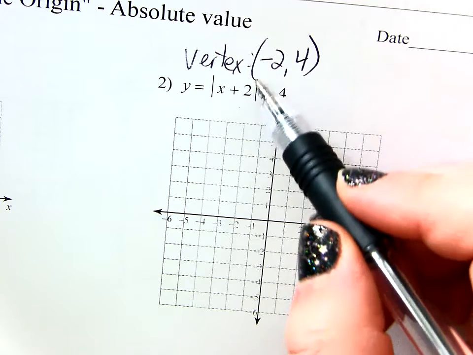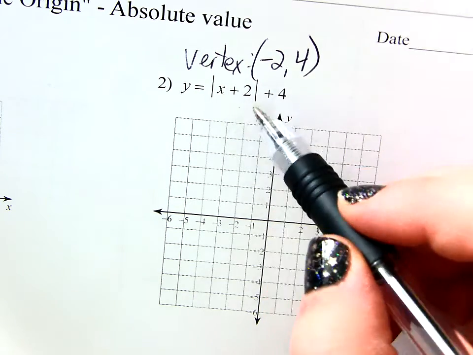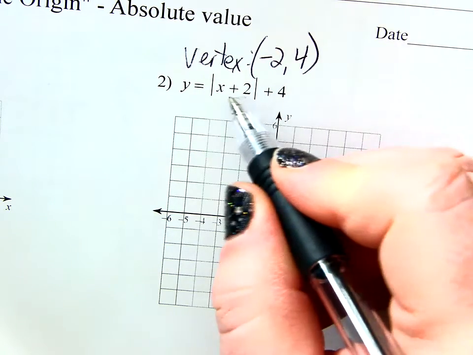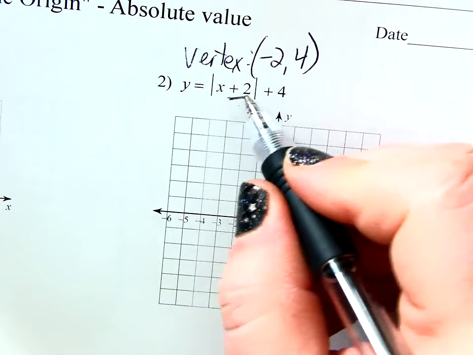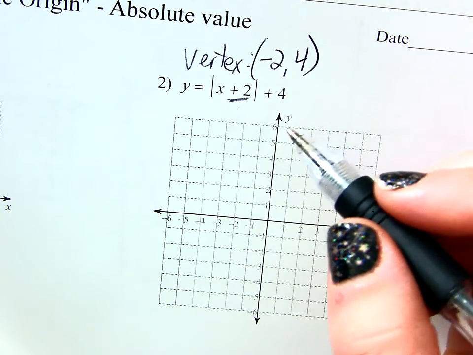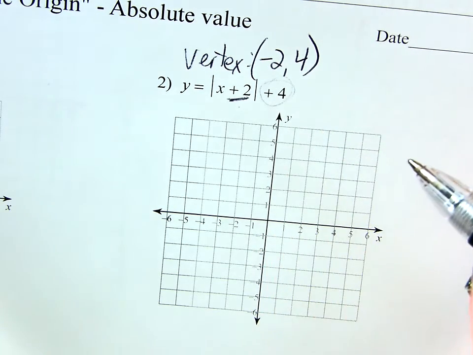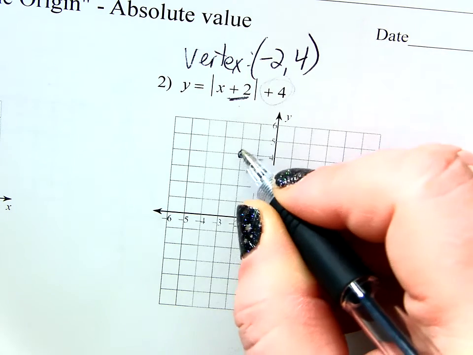No, it doesn't have anything to do with that, you're not actually taking the absolute value of this. The absolute value just means that it's going to be a V shape. So your vertex, whatever this is, regardless of whatever's around it, is always just the opposite of whatever you see there. All right, so this one is at -2, 4.